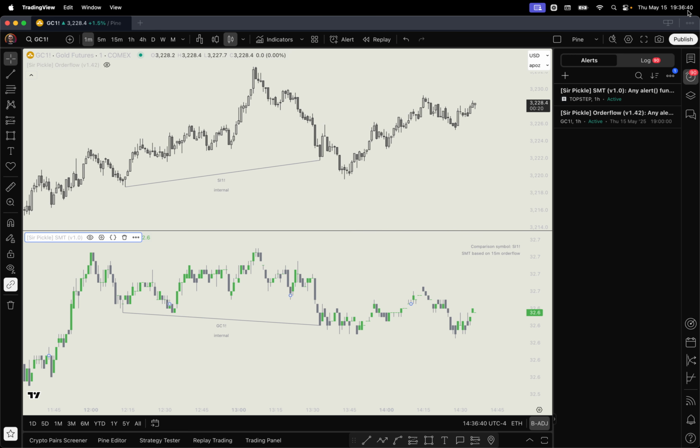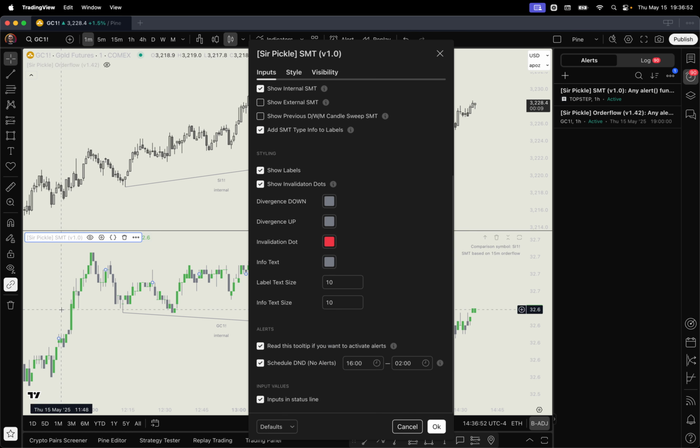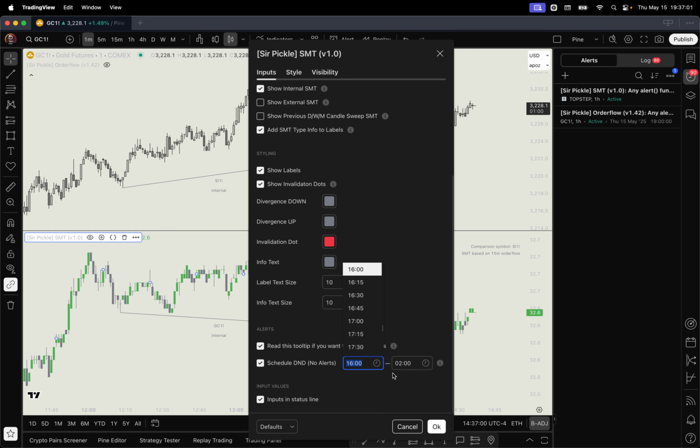So for me, for example, it's now 7:36 in the evening, while the chart is 2:36. So I am 5 hours further. So that means if I don't want to get alerts, or let's say I only want to have alerts between 12 and 2 for some random reason, then I would set this to, so I want to have my alerts starting at 7 EST, which for me is 12, and they are ending at 9, which for me is 2.